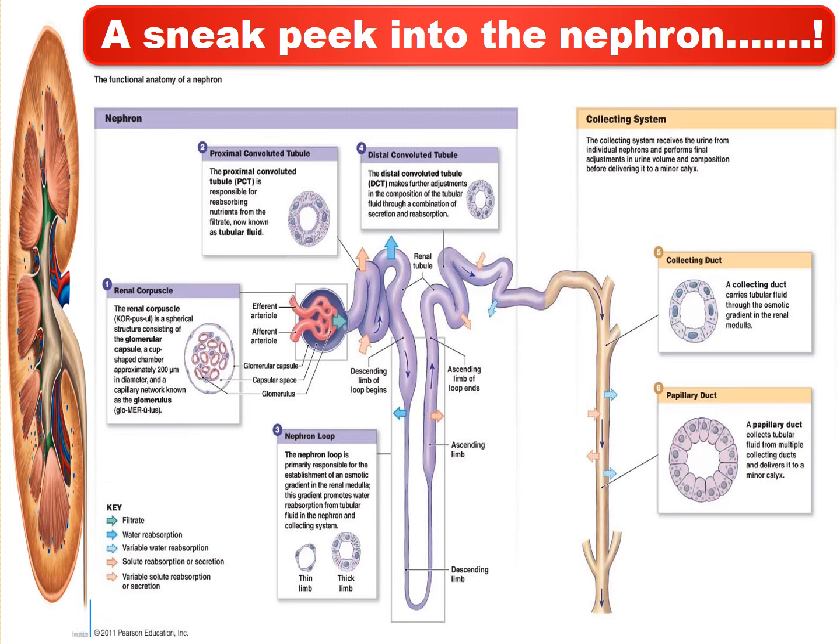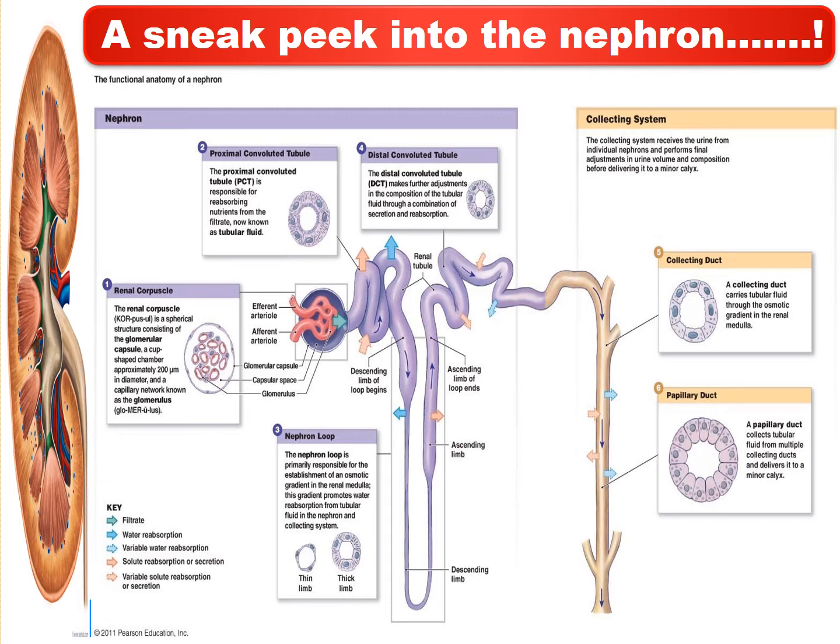The second one after this is the proximal convoluted tubule. The proximal convoluted tubule is responsible for reabsorbing nutrients from the filtrate, now known as tubular fluid.